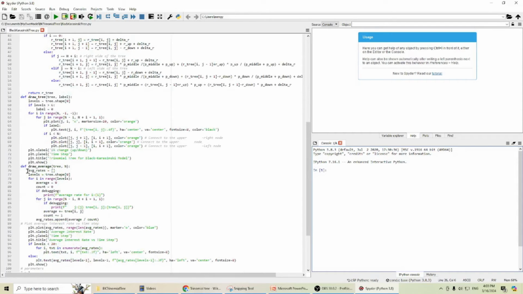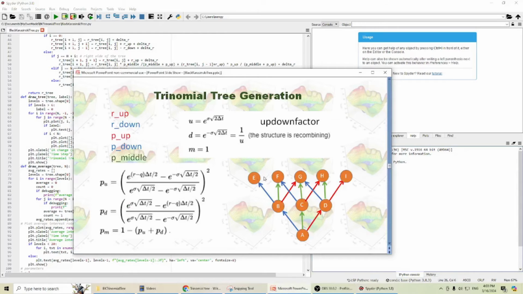And here I sum up all the values from a certain level. For example, for this level, I sum up all the interest rates for all those nodes and take the average to consider as the model interest rate for this level, for this step. For example, if this is step 0, step 1, step 2, for step 2, the average of all the data nodes will be the final interest rate for this step.